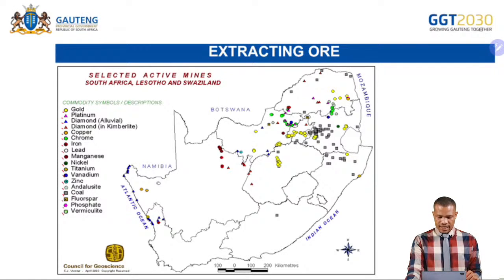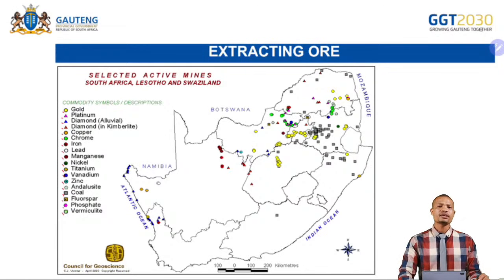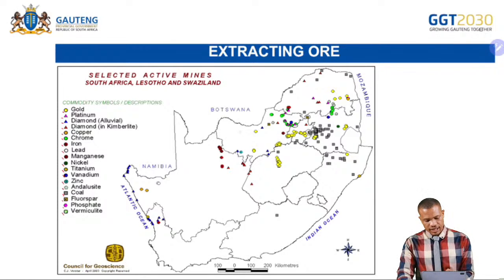So if you look at these maps, which province would you say has the most mines? Well, from what I see, it looks like the Northwest has the most. Why? Because there's a lot of mines there compared to the other provinces.